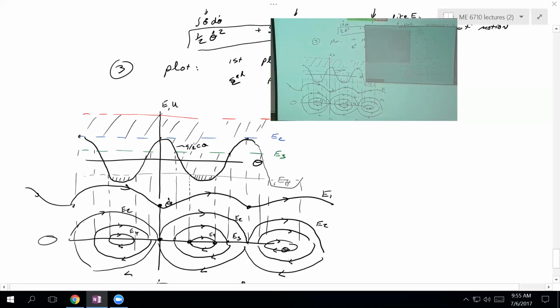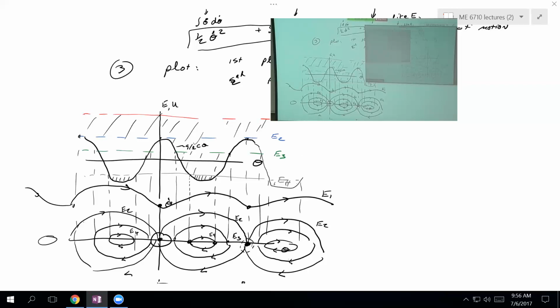Let me note one other thing. These are dynamically stable, instantaneously stable conditions, right? They come to here, and the thing comes to rest. Let's look at this one. It comes to rest, and it has 0 displacement.